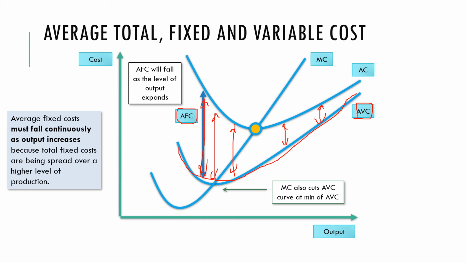If I have fixed cost of 2,000 and I produce 500 units, the average is 4. So as we produce more units, as we move in this direction along the output scale, mathematically, the average fixed cost will get smaller. So these two curves, the average variable cost curve and the average cost curve, will get closer and closer together.